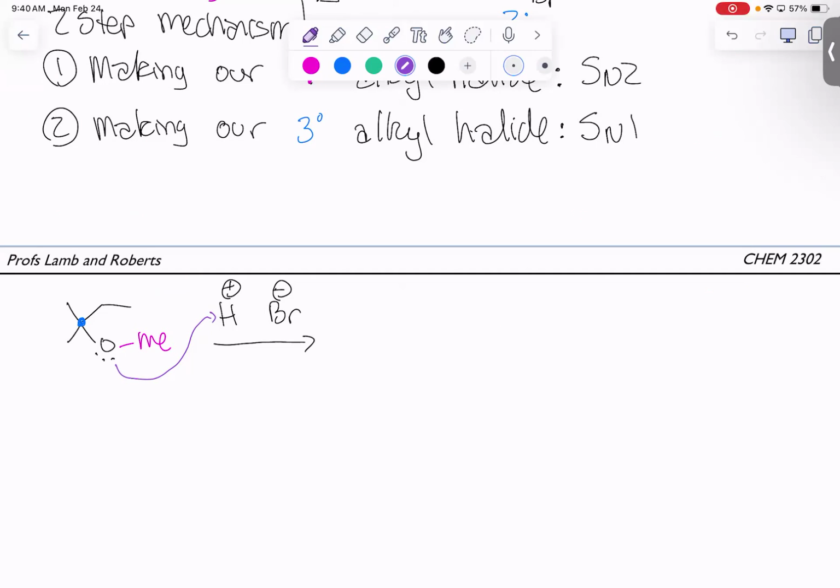Okay, so now what we have is a primary and tertiary site. All right, our oxygen is now positively charged because we protonated it.